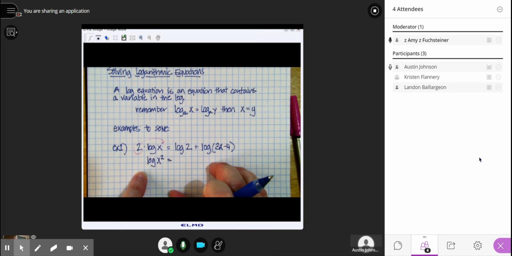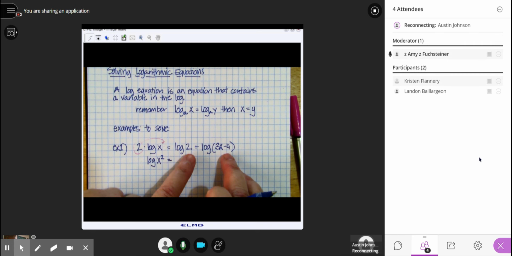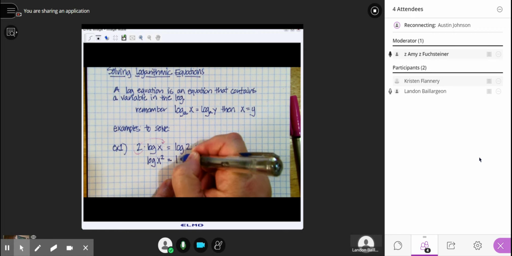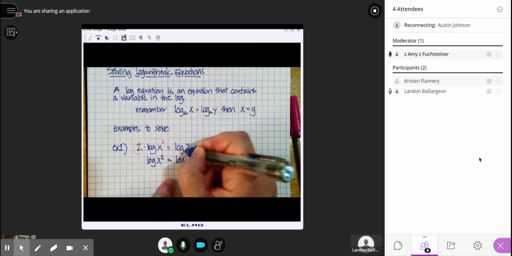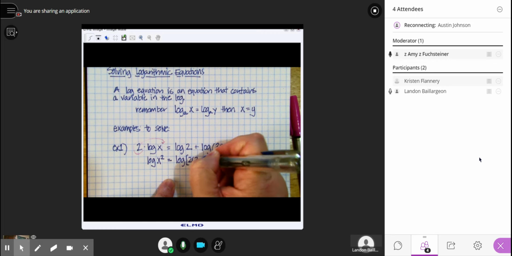Now on the right side here, I have log of 2 plus log of 3x minus 4. What can I do with these 2 logs? When I'm adding 2 logs of the same base, that is the same as the log of 2 times 3x minus 4.